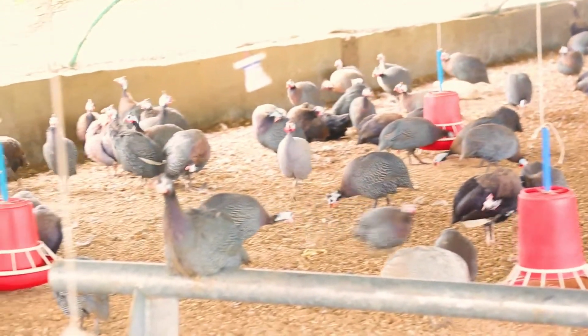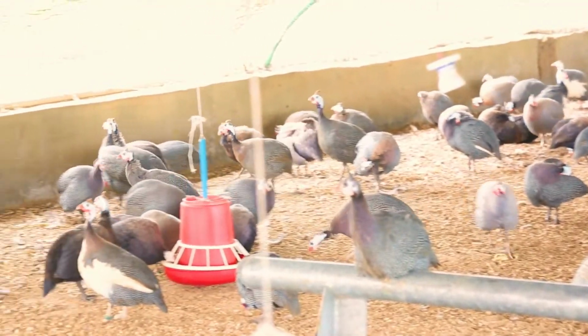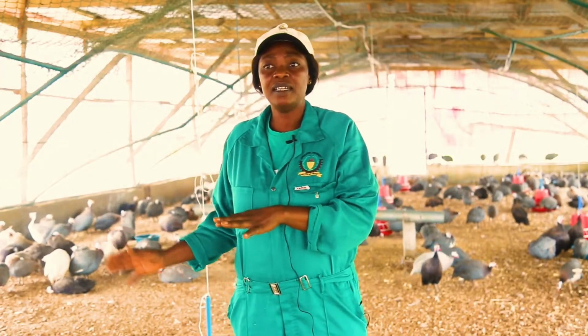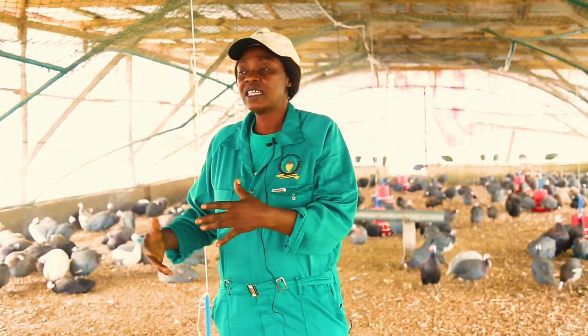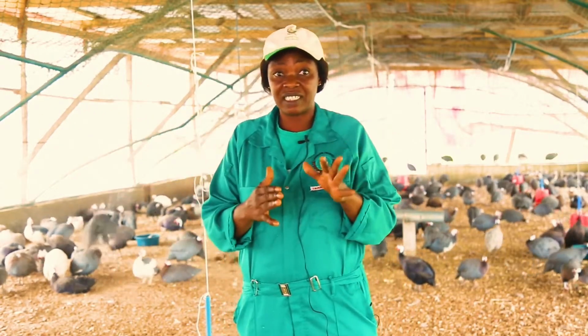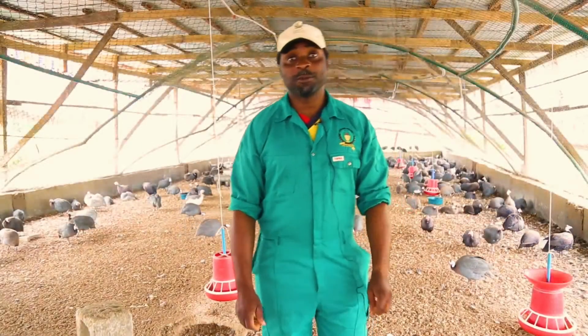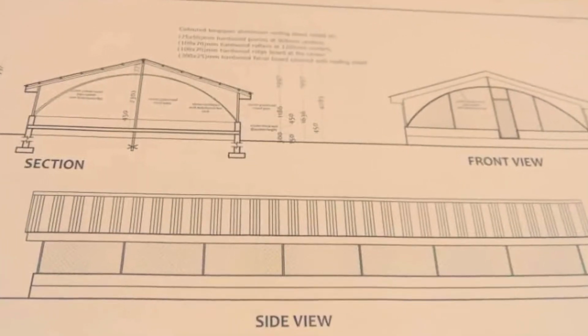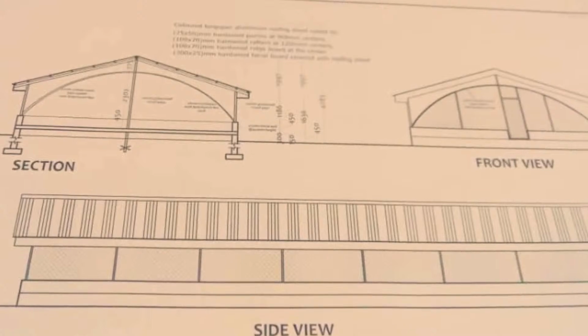Now, you see, the animals are unattended to because most of them are in the wild, and we want to research into the animal to improve on them. That is why we have to make a building construction like this for their domestication. The design of the house has been made in such a way that the birds still feel they are in the wild.